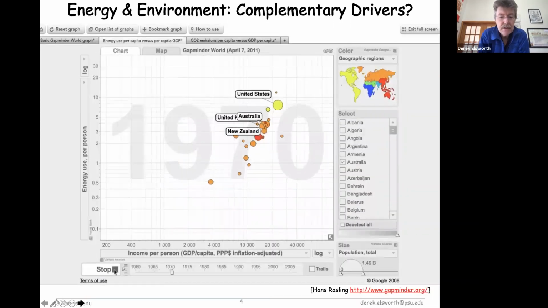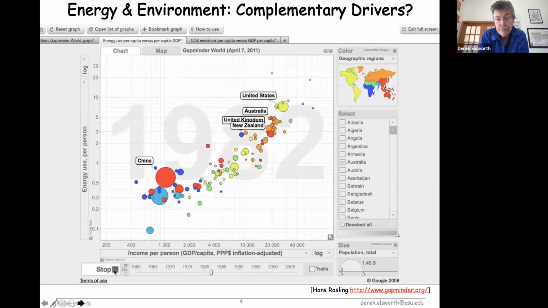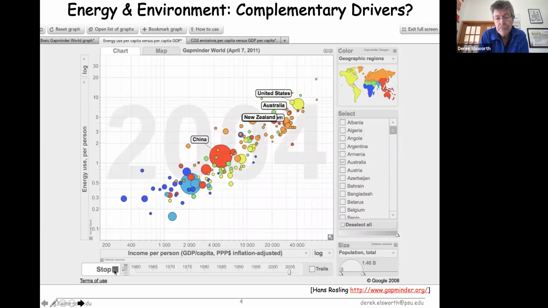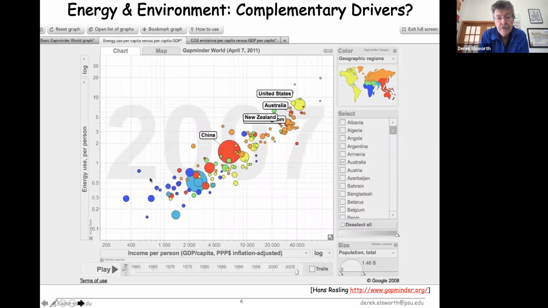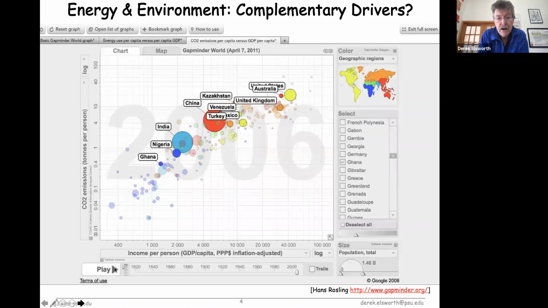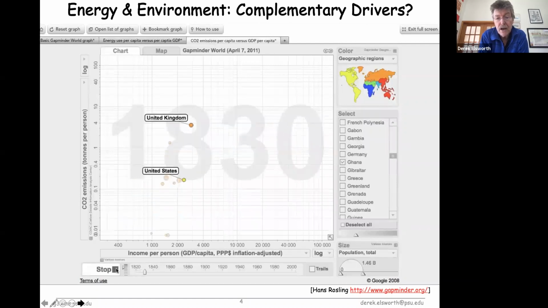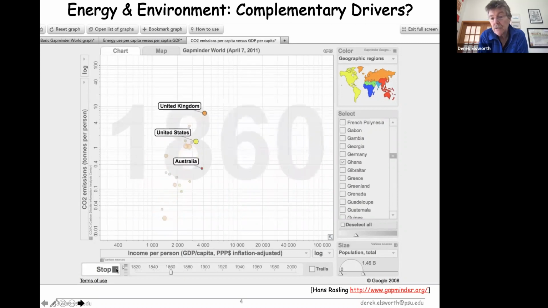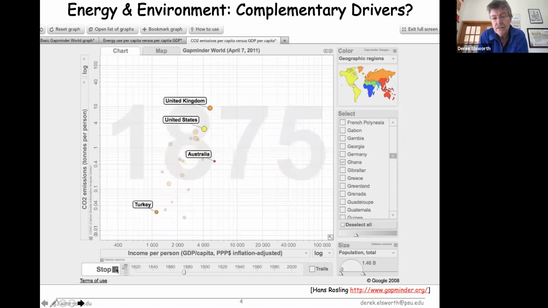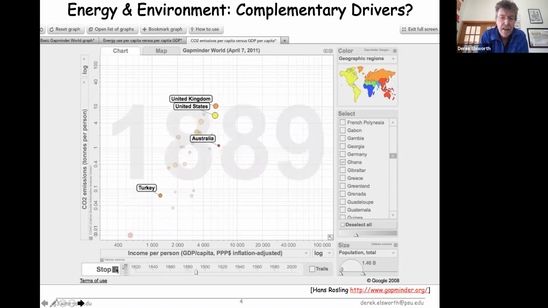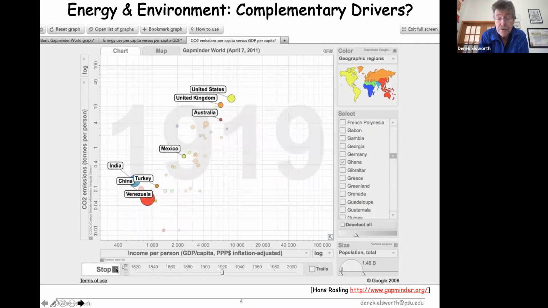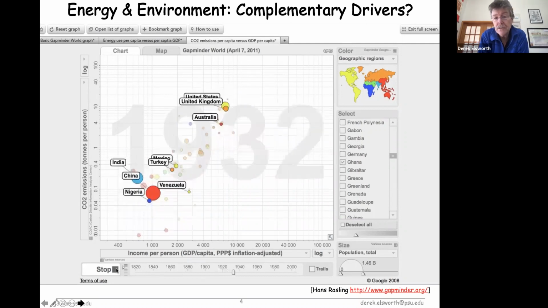So this shows income per person, which is GDP per capita, versus energy per person. The dots are sized by population, colored by the continent they come from, and the labels are for countries. I labeled them based on the nationalities of people in the department that you are part of, energy and mineral engineering.